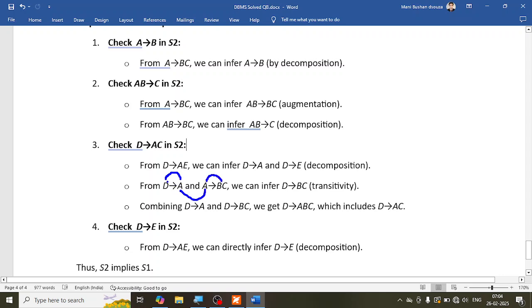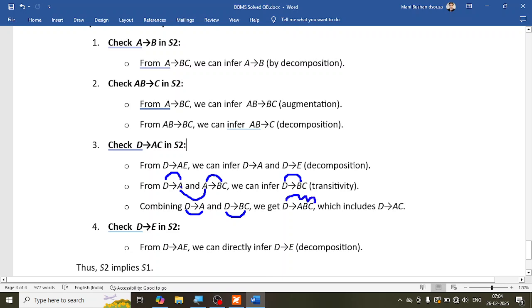So using transitivity, D can derive BC. Decomposing it, D can derive B and D can derive C. Now you combine them together and say that D can derive A, B, C.